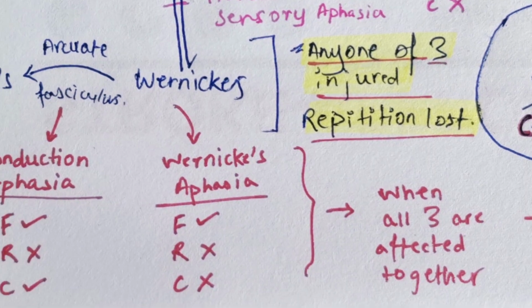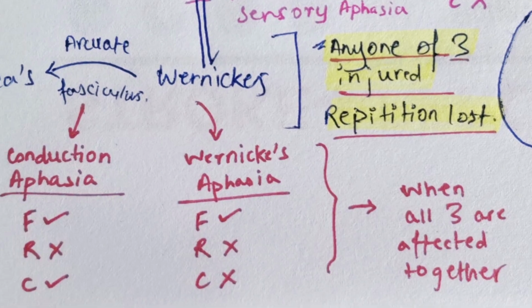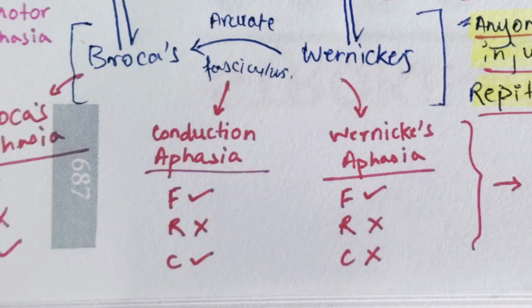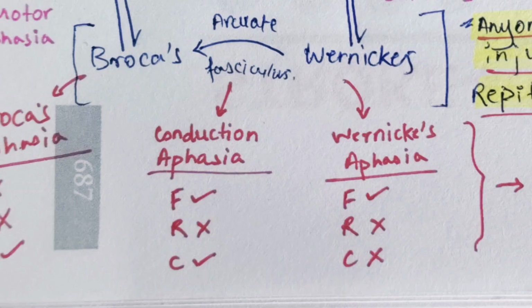For example, in Wernicke's aphasia, since Broca's is normal, the fluency is going to be normal. Since Wernicke's is affected, and it is one of those three things which, if affected, repetition is lost, the repetition is lost. And since Wernicke's is responsible for comprehension, the C is also lost. So fluency is present, but repetition and comprehension are lost in Wernicke's aphasia.